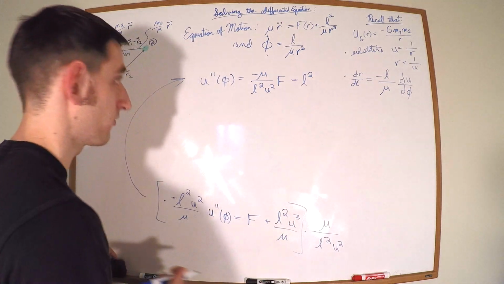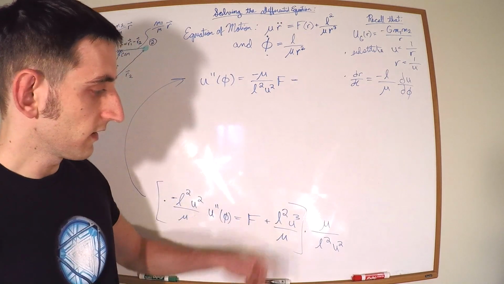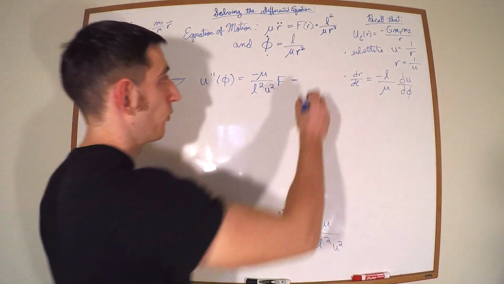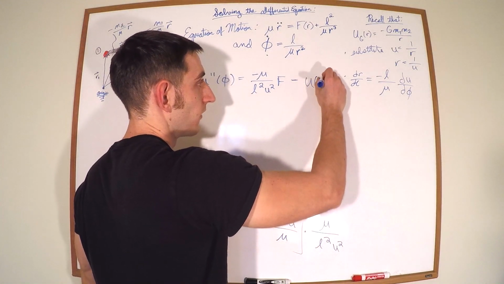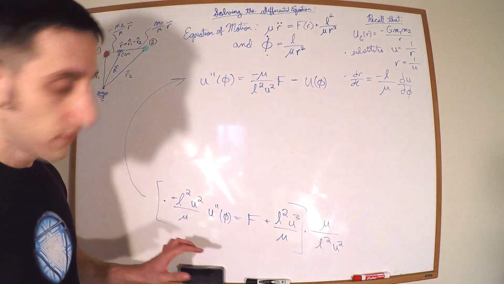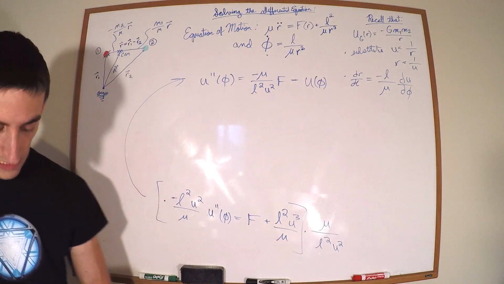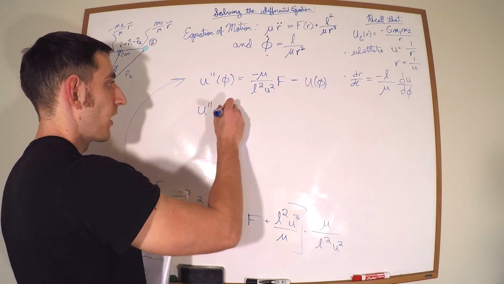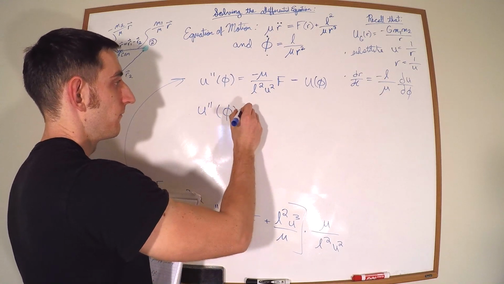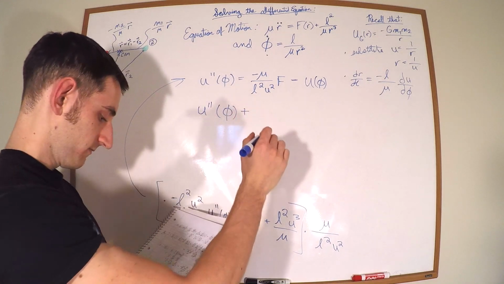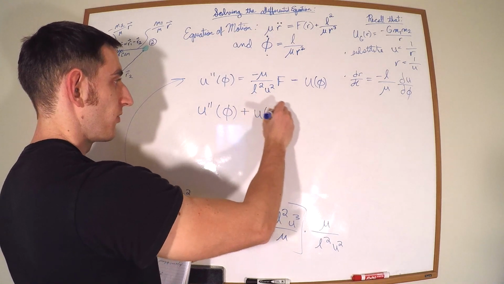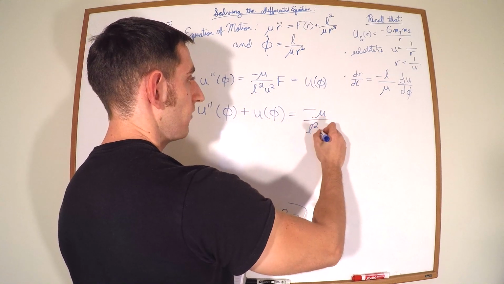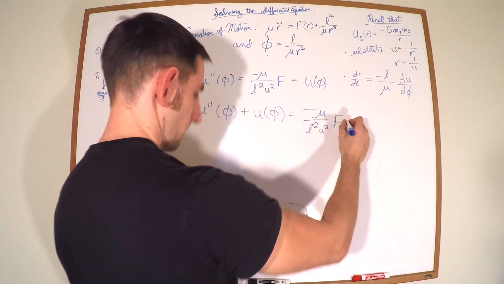No, the L squareds are going to cancel. So that's going to cancel with that. That's going to cancel with that. And we end up with u sub phi. All right. So if we rearrange this a little bit, it's going to be u double prime sub phi plus u sub phi is equal to negative mu over L squared u squared F.